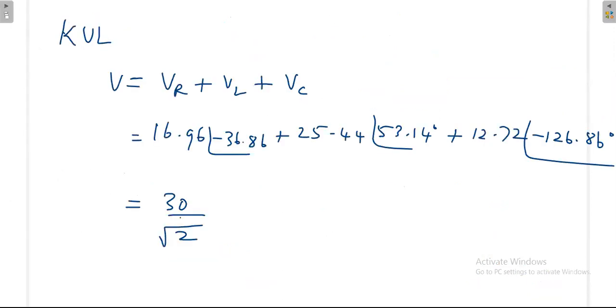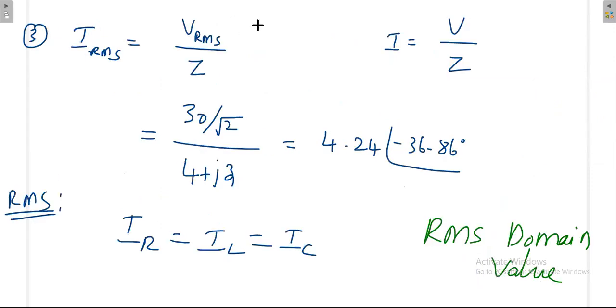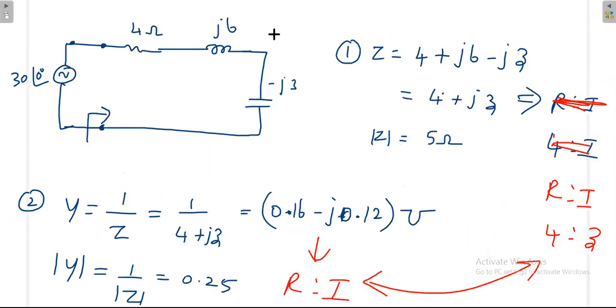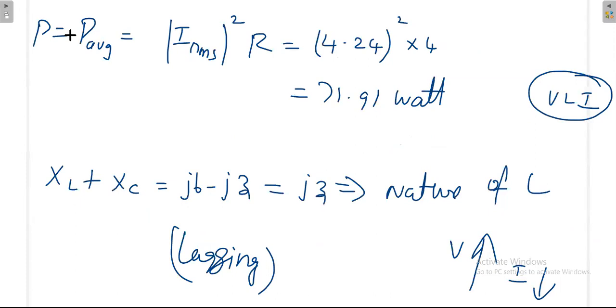What is the reactive power dissipated across this jX? Because this jX also will dissipate some power. That power is called the reactive power. What is the power across jL? Again you can calculate the power across jL, that is I RMS square into XL value.